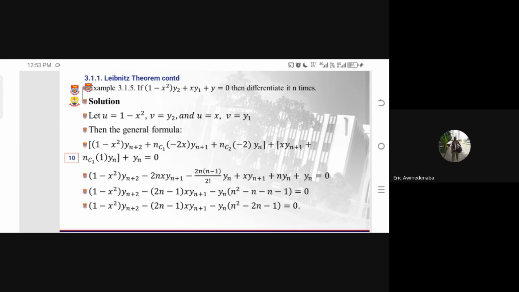Now, if you differentiate that one, you will get dy/dx, the same as y prime, isn't it? It is. You are differentiating with respect to what? X. So we have y2.